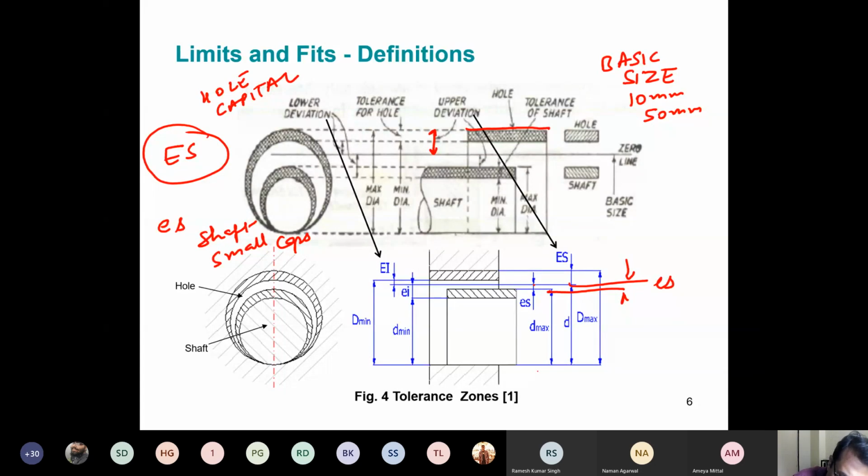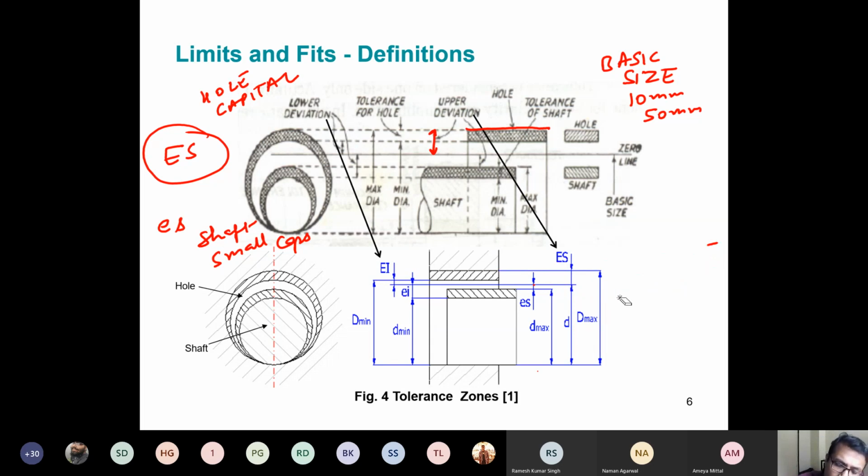For the hole, the upper deviation, the capital ES, is this. So these are called upper deviations for shaft and hole: capital ES for hole, small es for shaft.